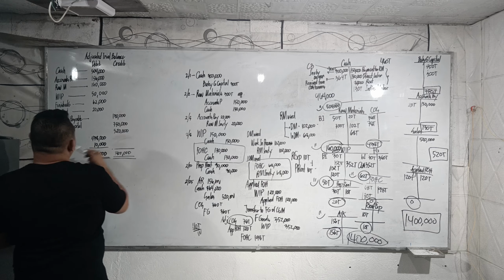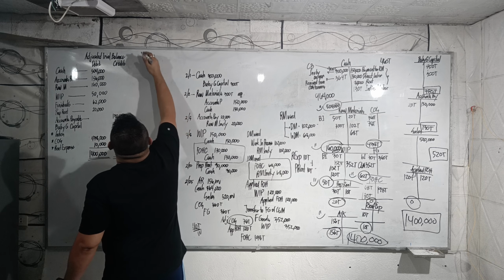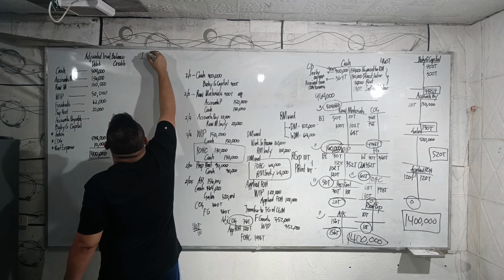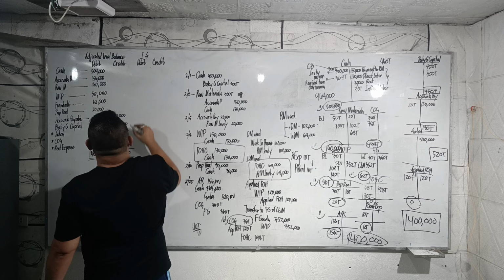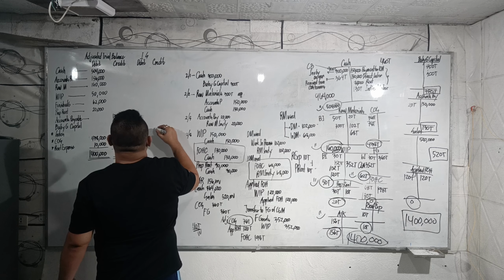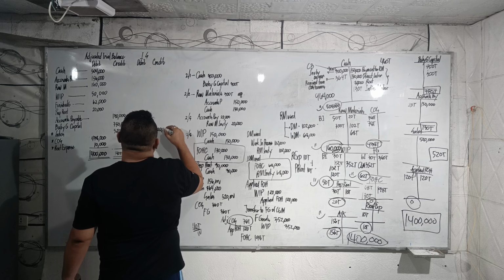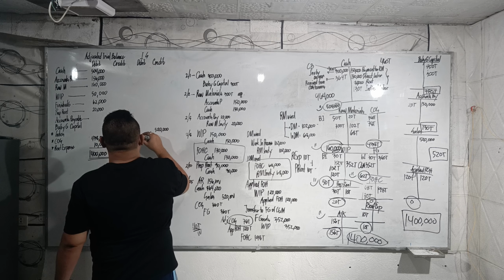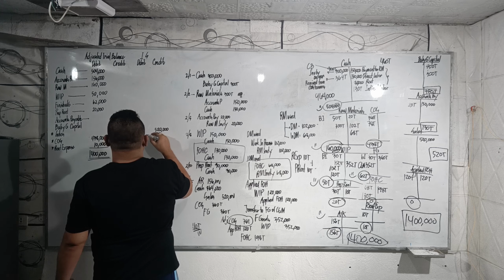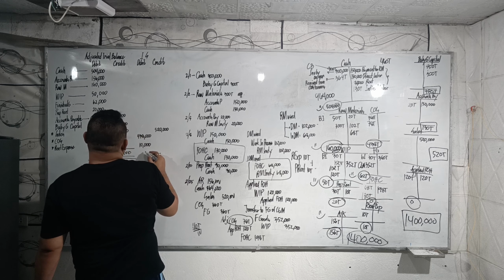And based on this, you just have the income statement, debit, and then credit. Only the sales of 520,000, and then the cost of sales of 438,000, and then the rent expense of 10,000. That's it.